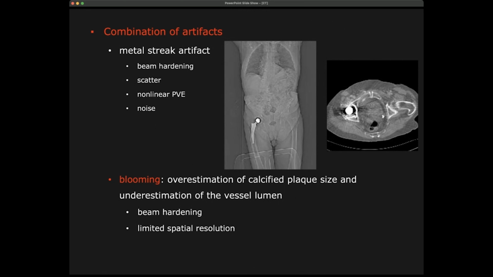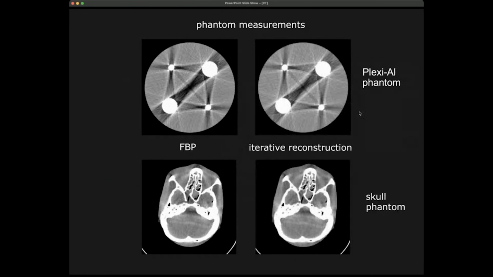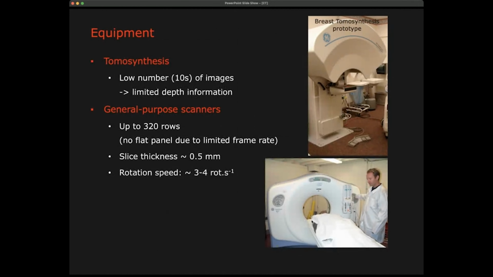Because we know that dark should be gas, but it's extremely unlikely that there's gas there. So this is an artifact that we have to keep in mind. A typical way to handle that is, for example, measuring phantoms, which gives you how a real scanner would behave. And by doing iterative reconstruction, as we said before, we can compensate for that.